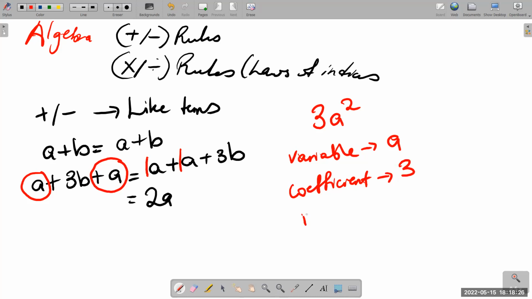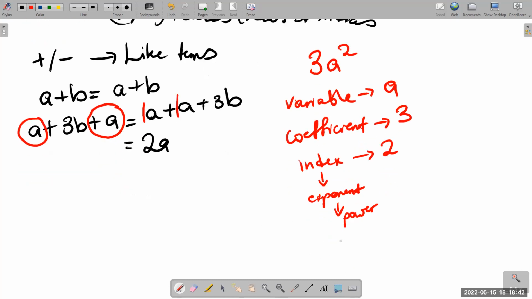Who is the index? Because we remember index means exponent. And another word for exponent is what? Power. Another word for power is order. Don't forget, I teach you this already. So don't forget these things, okay?